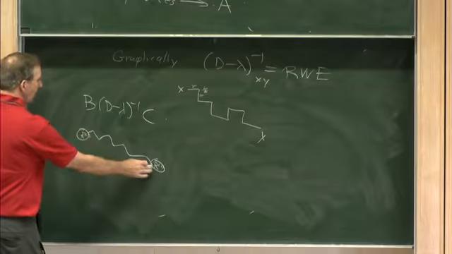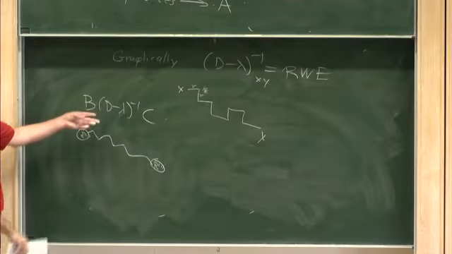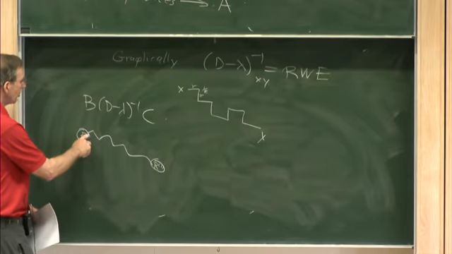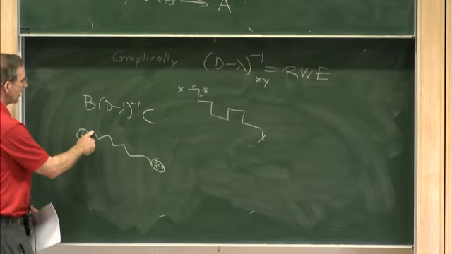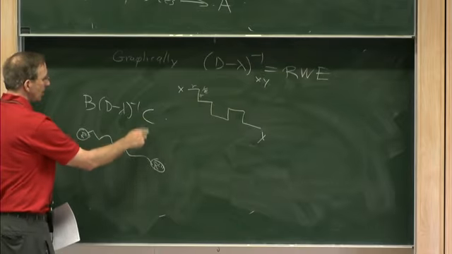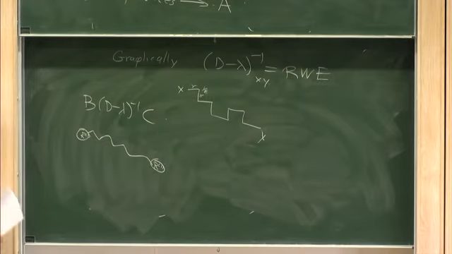So you have exponential decay of matrix elements of this operator. B takes you from the resonant set to the non-resonant set, this propagates along, and C takes you back to the resonant set. So you get nice graphical bounds just using the random walk expansion.